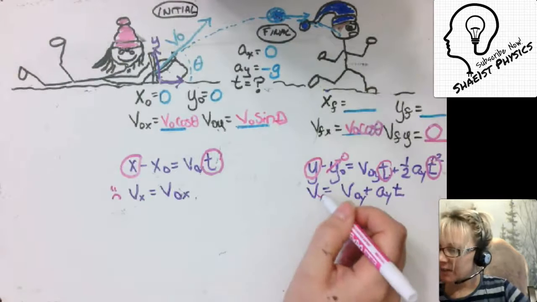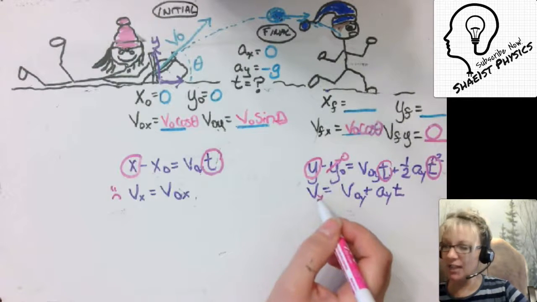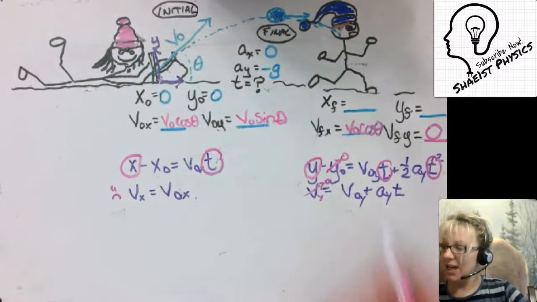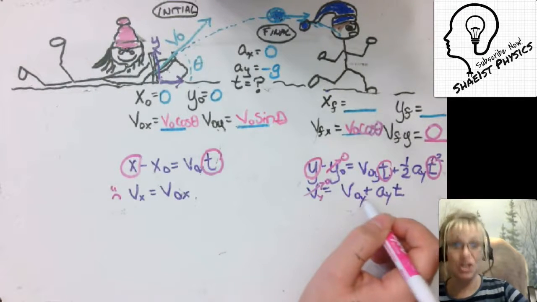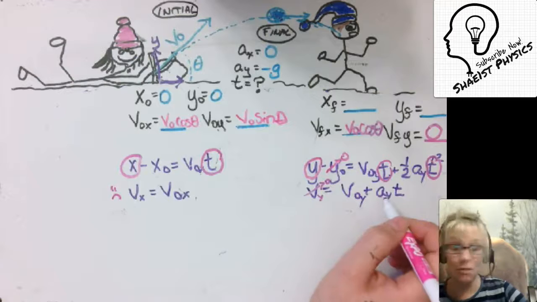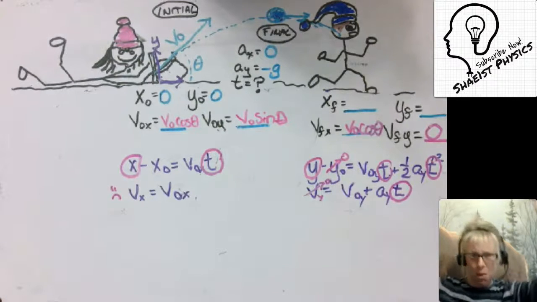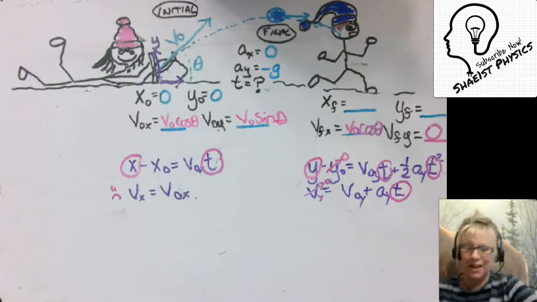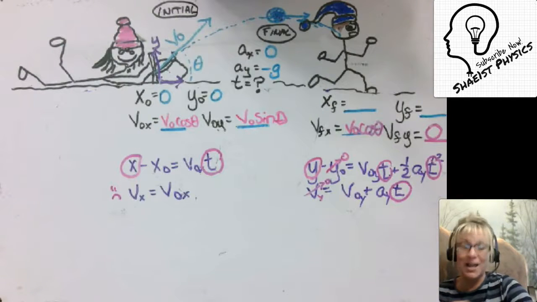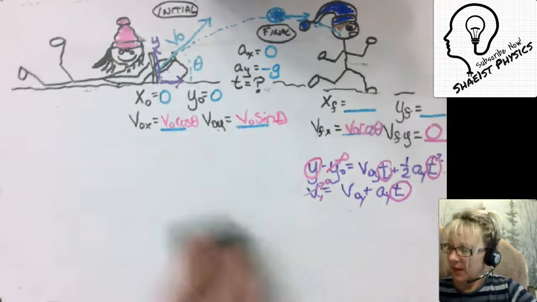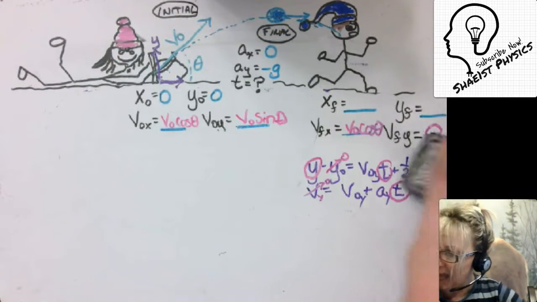Let's see. The final velocity in the y direction, I do know that. That's 0. The initial velocity in the y direction, I do know that. I know my acceleration in the y direction, and I'm looking for time. Woohoo! Now's when we celebrate. We found one equation and one unknown, and there is the winner. So we do a little happy dance.